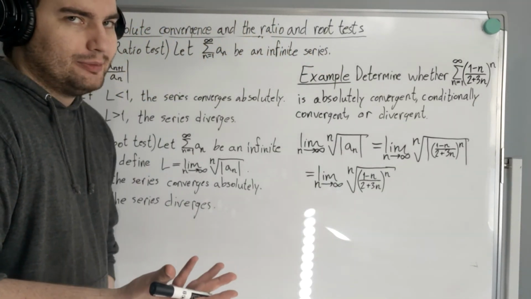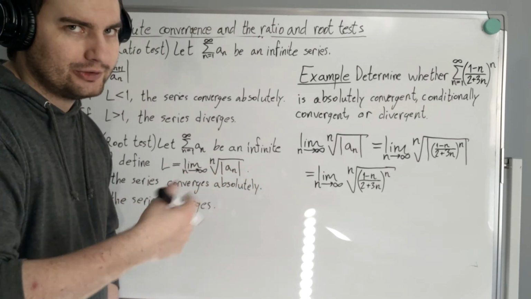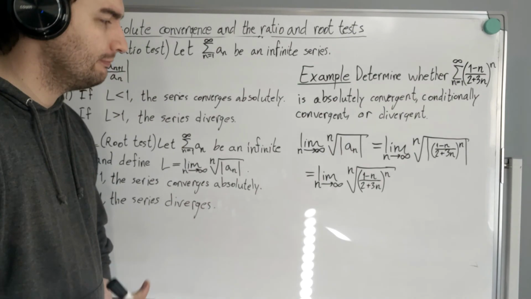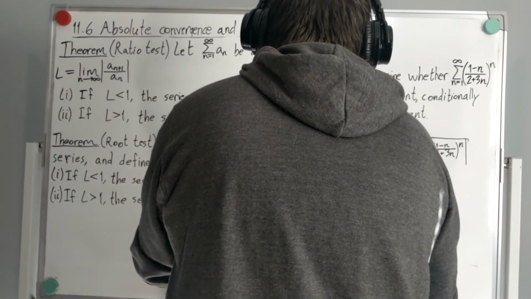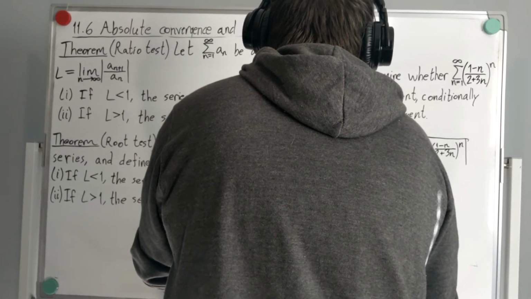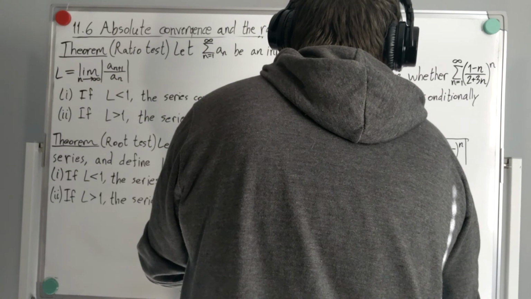You take something to the nth power, and then take the nth root of that. Well, of course, those two actions undo each other. So then this is just the same thing as the limit as n approaches infinity of 1 minus n divided by 2 plus 3n.